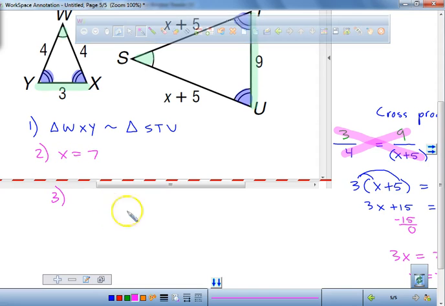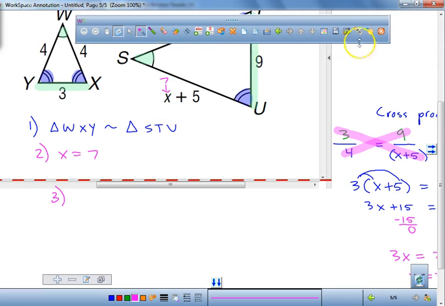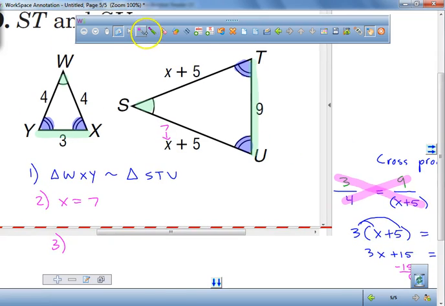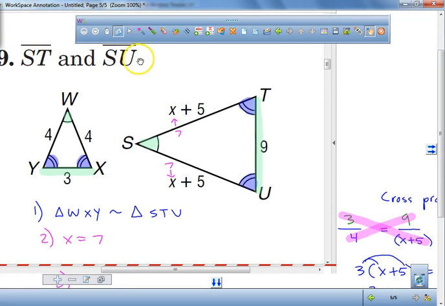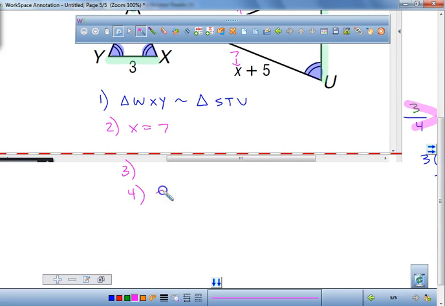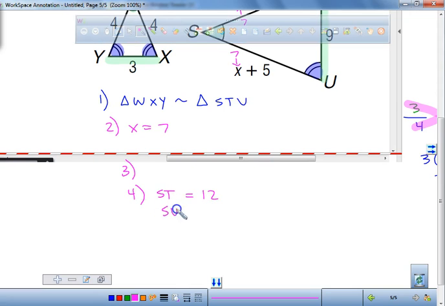But now what we need to do is take the 7 and plug it in here, and take the 7 and plug it in right there. And what's that going to give us? That's going to give us the measurement, I'm going to scroll down a little bit, of ST and SU. So right now I'm going to write ST equals 12. SU equals 12.